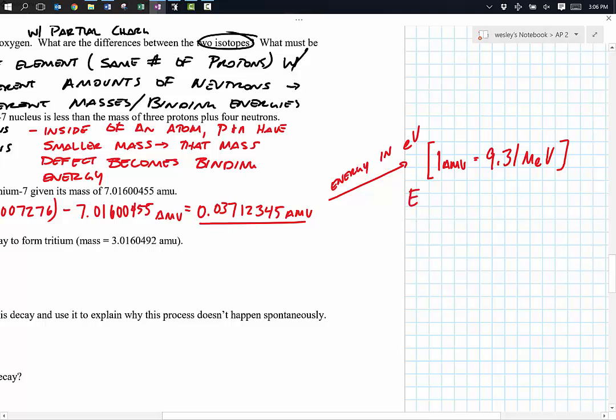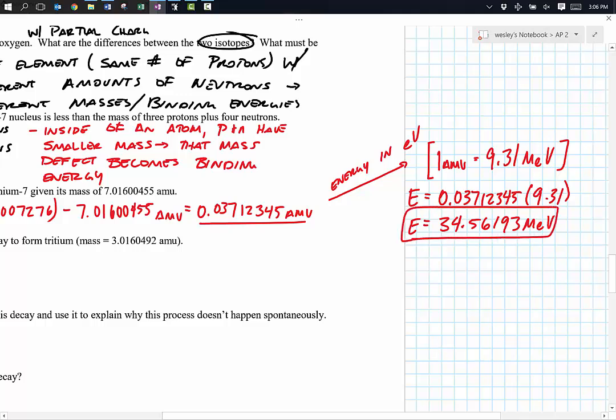So the energy in electron volts would be the mass, 0.0371234 times 931. That's just a simple multiplication, giving me 34.56193 mega electron volts. That's one thing that we could do.